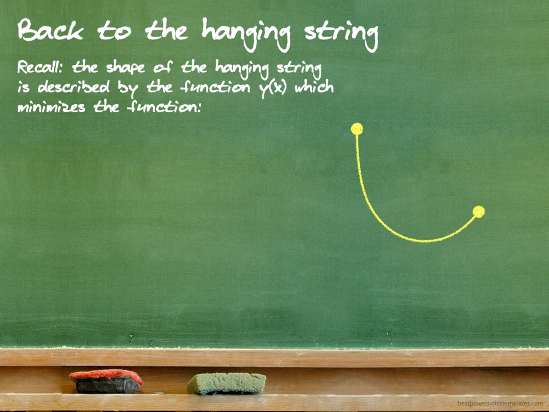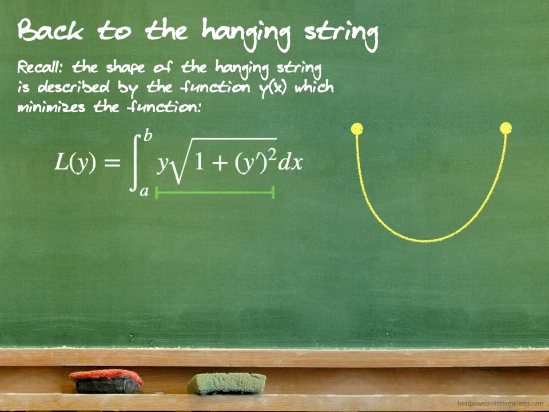Let's now apply what we've learned about infinite dimensional calculus to our hanging string problem. As you recall, the hanging string problem is equivalent to minimizing the function L of y equals the integral from a to b of y times the square root of 1 plus y prime squared, all with respect to x.